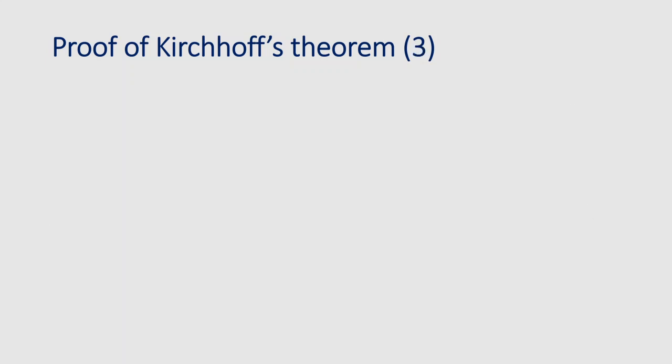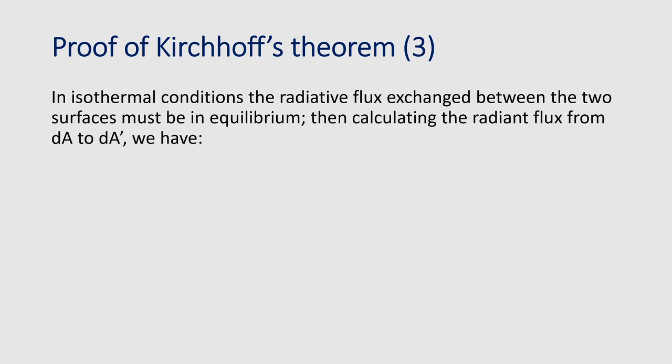So, how can we now calculate the flux? If we are in an isothermal condition, that means that we are measuring the energy the two surfaces are exchanging with each other inside the radiant cavity, at a constant temperature.